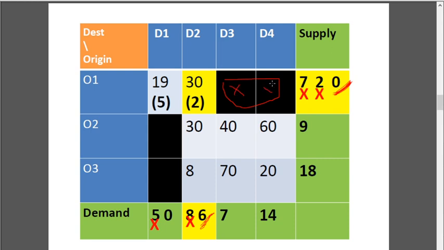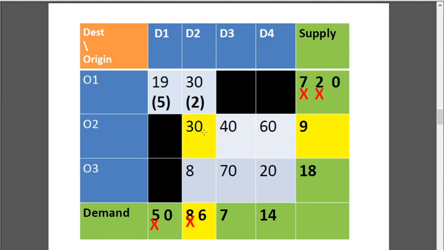No need to process these remaining cells or proceed with them. Therefore I will move on from this cell to the cell at its bottom. Move on to this cell. So in the next iteration I should process this cell.